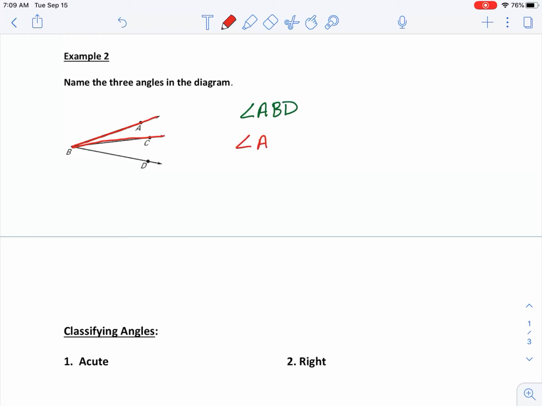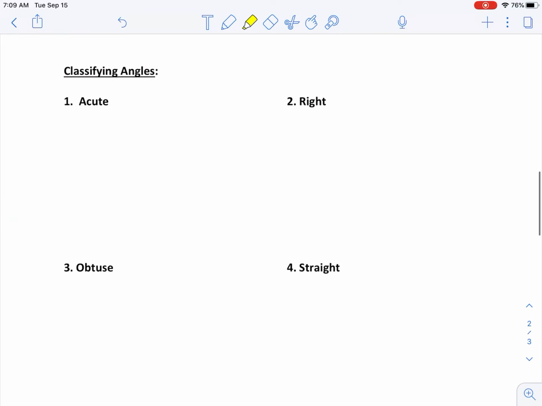I'm going to go A to B to C. Here's the second angle I see, angle A, B, C. And the last one I see, and again we'll change color, is I'll start with C, C, B, D. Angle C, B, D. Something I do want to point out is that all of these have a vertex of B, because that is their vertex there. So all of them have B in the center of their notation of their 3 letters.